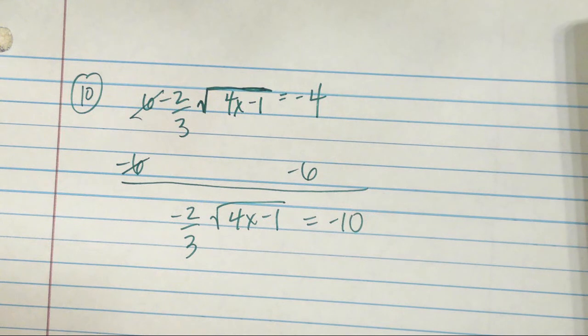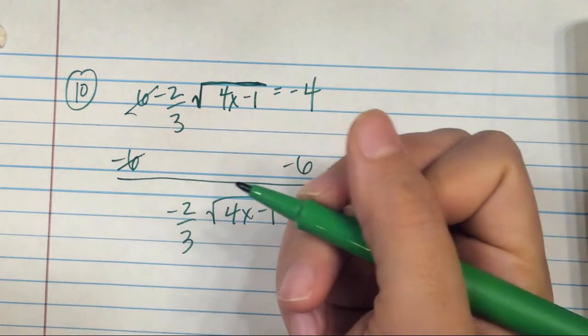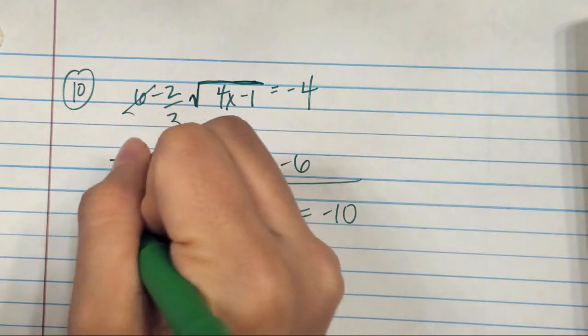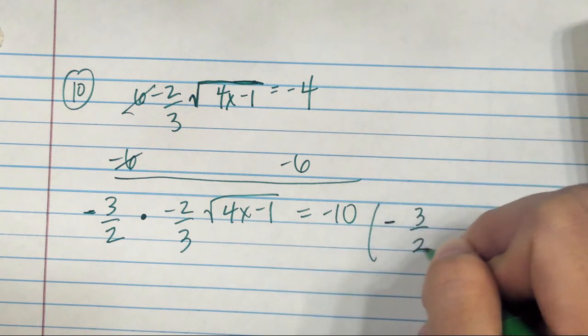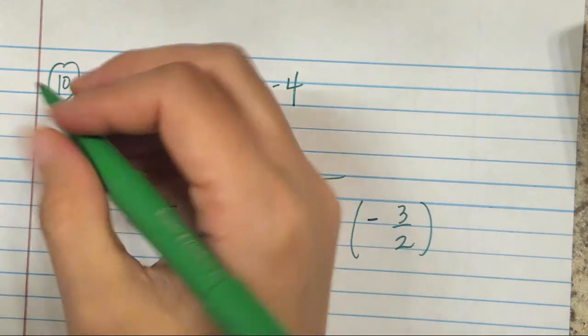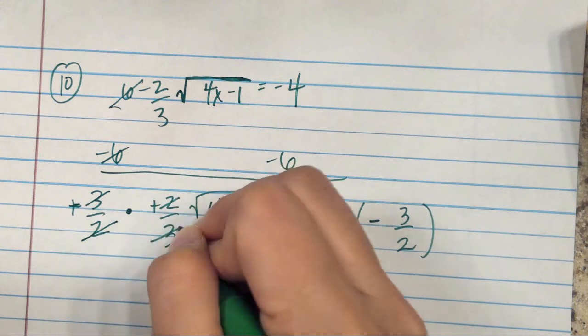Now I want to get rid of the 2/3 and it's negative, so I'm going to multiply. You can divide by 2/3, but I don't like dividing fractions, so I'm going to multiply by -3/2. What I do to one side, you have to do to the other. Watch, these negatives, when you multiply negative by negative, they become positive. These 2's cancel, and these 3's cancel.